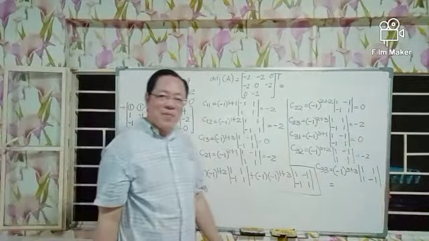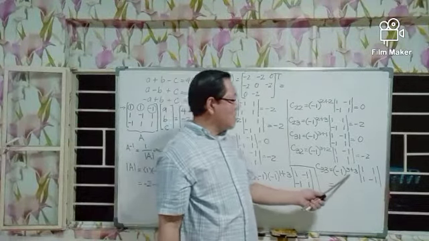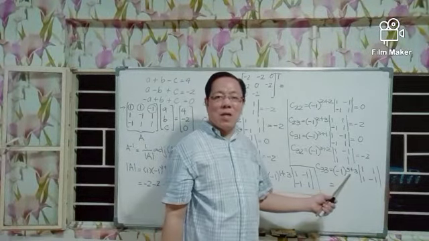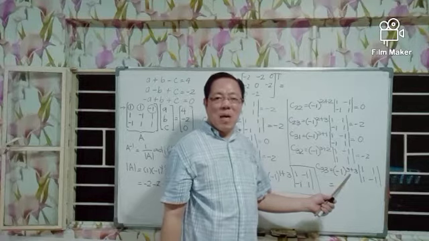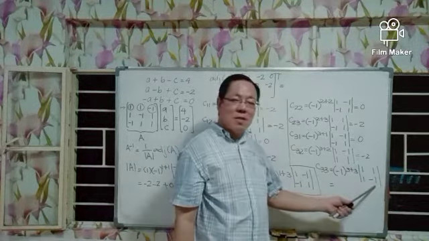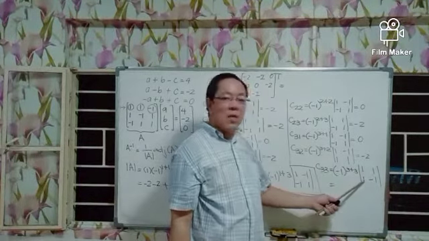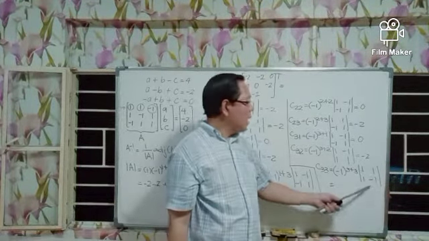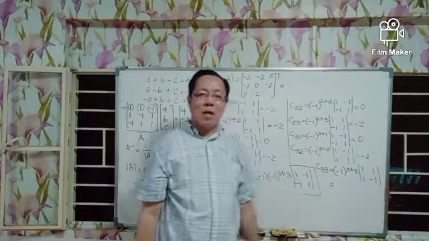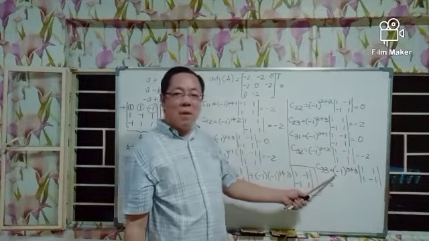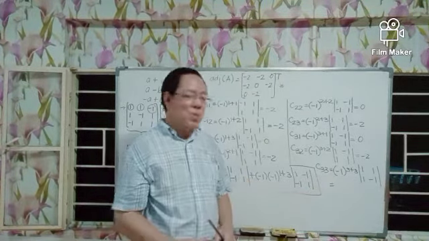And we simplify negative 1 raised to 3 plus 3, that's negative 1 raised to positive 6, or positive 1, multiplied by this determinant, negative 1 minus 1 times 1 is 1. Minus 1 is negative 2. Multiplied by positive 1 is negative 2.